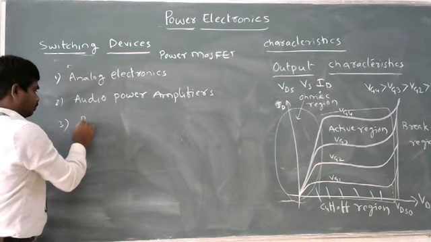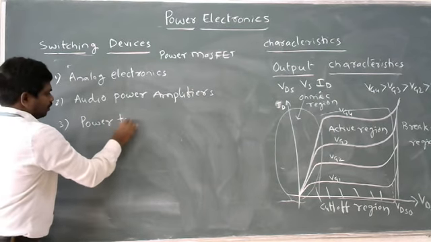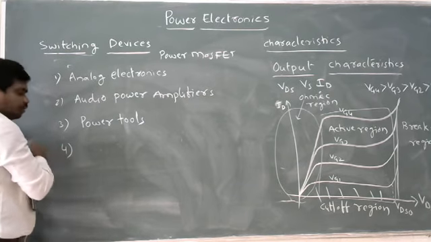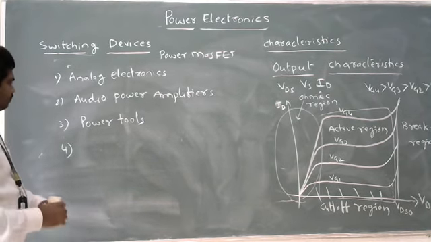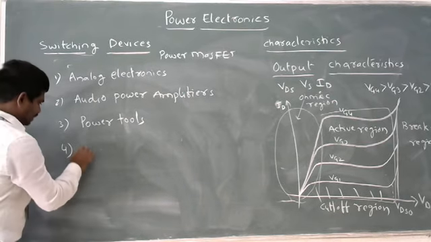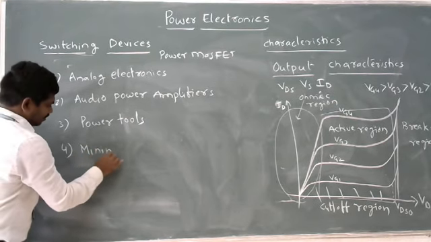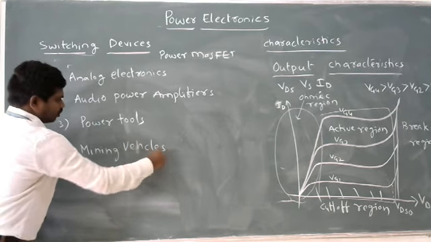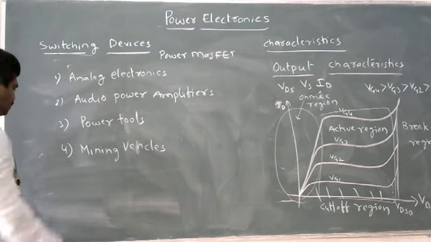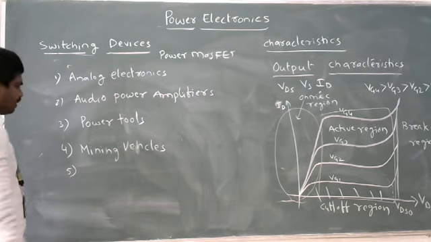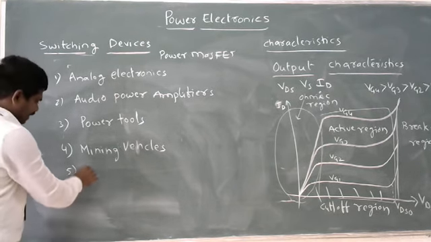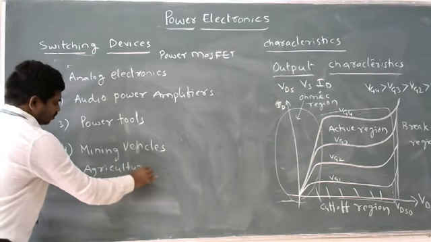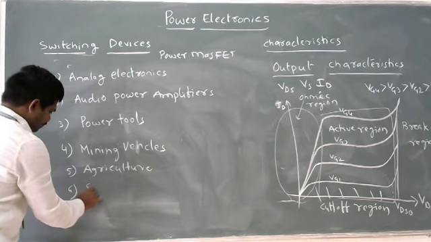In power tools also, we use this type of device for switching purposes. The next application is mining vehicles. In mining vehicles also we use this type of power MOSFET. And the next one is the agricultural field. In the agricultural field also we use this type of device.